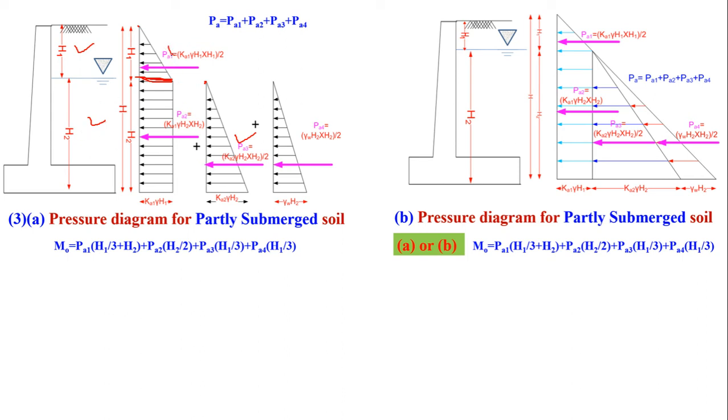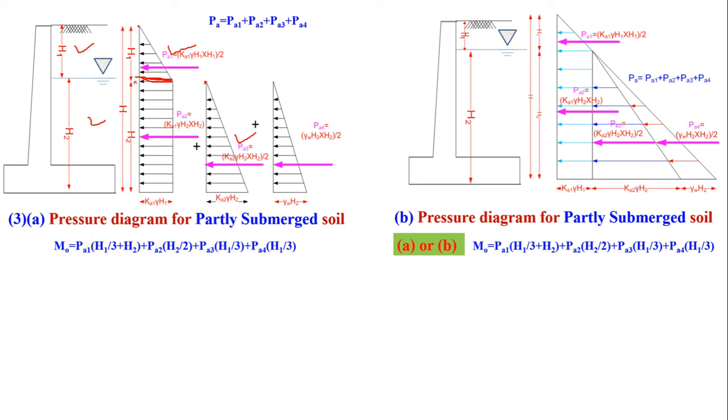PA1 is the pressure force due to the soil above the water level. Then PA2: the pressure diagram for the upper layer soil is again divided into two parts. This distribution is uniformly varying up to the water level, and from there it is uniform distribution.